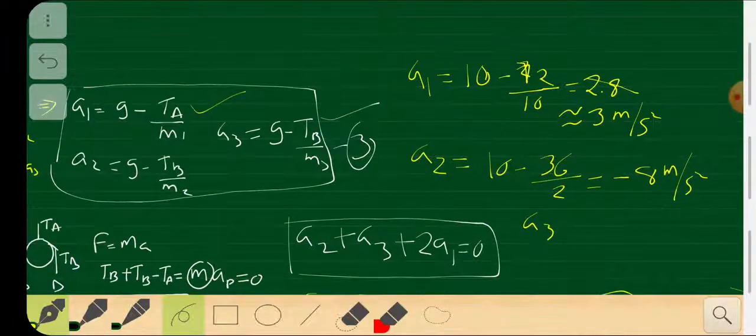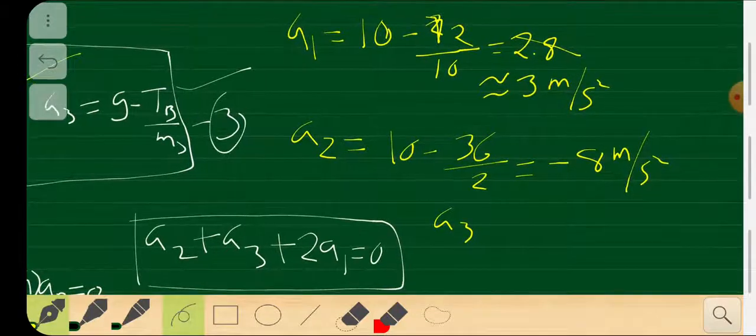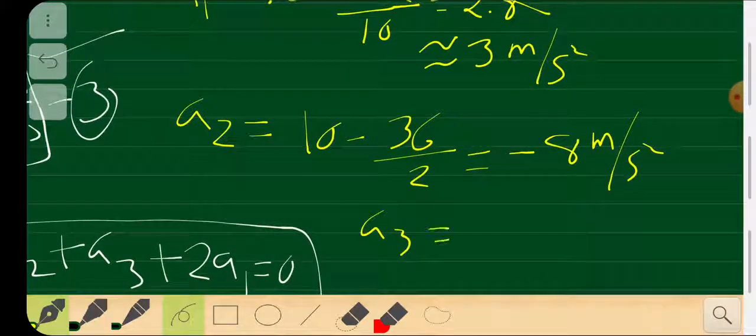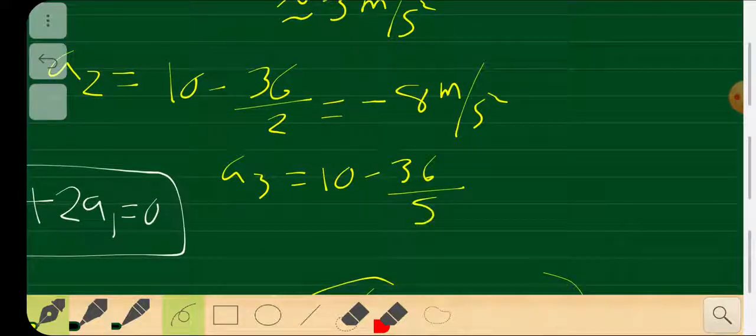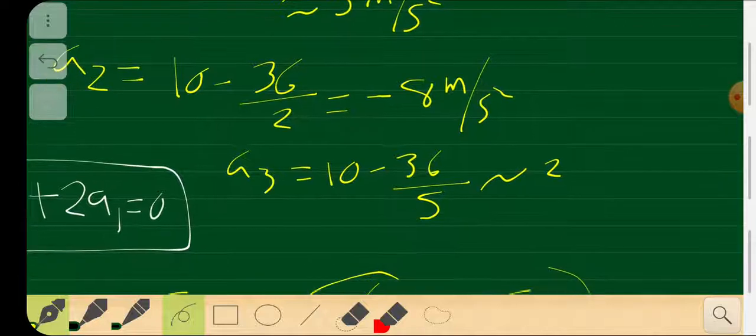A3 will be G minus TB by M3, which is 10 minus 36 by M3, which was 5 kilograms. So you get approximately 2.8 or 3 meter per second square.